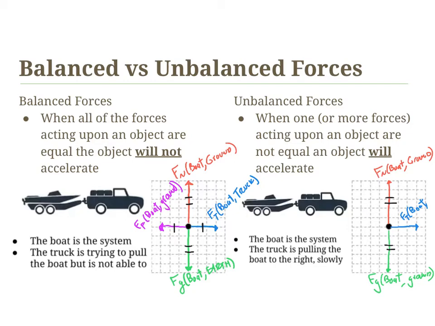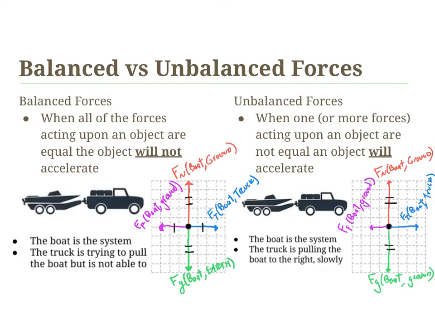Let me try to write that so it doesn't look awful. And then we have the force of friction. The force of friction here on the boat by the ground.